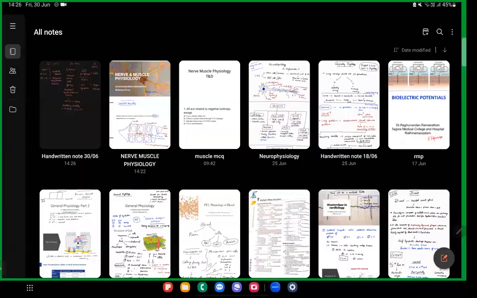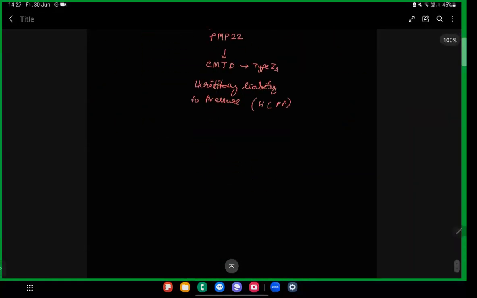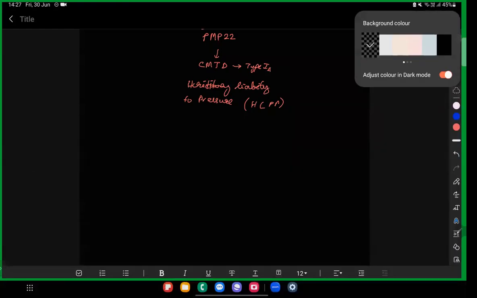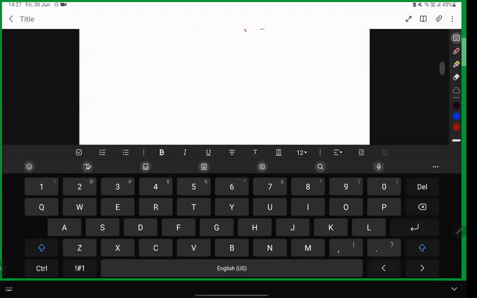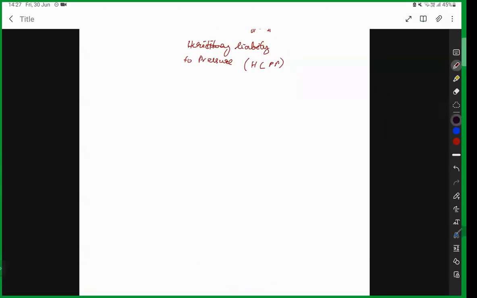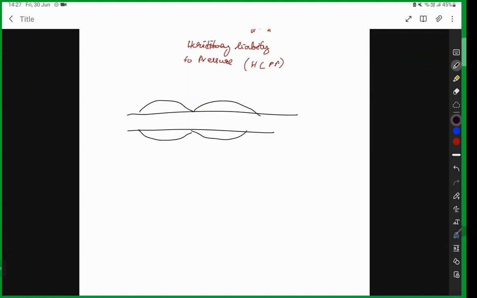I'll show you this also. Just remember like this. In a normal cell, you are going to have axons like this, and on the axons you have a myelin sheath covering like this.